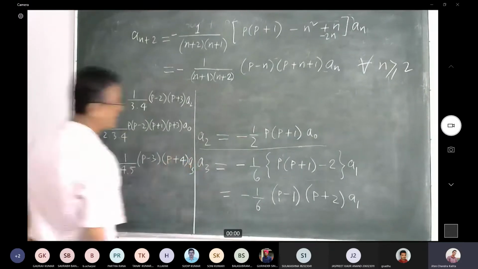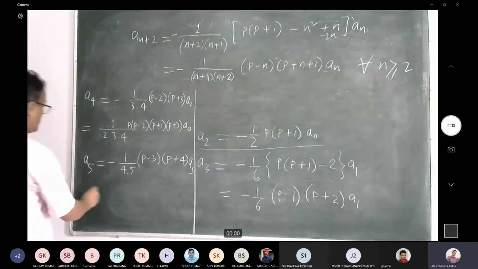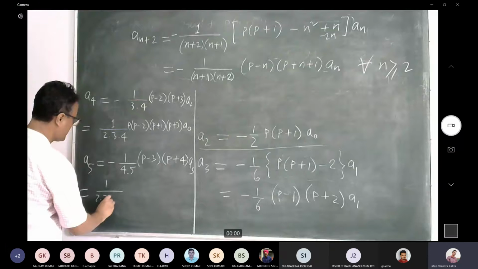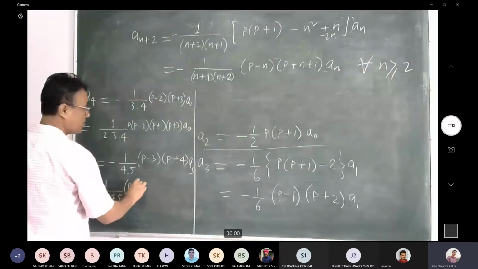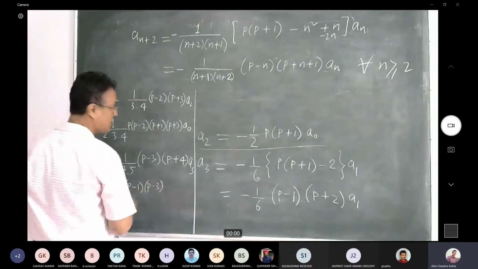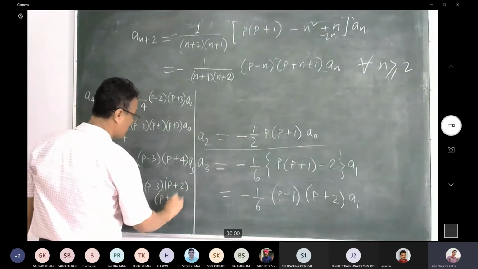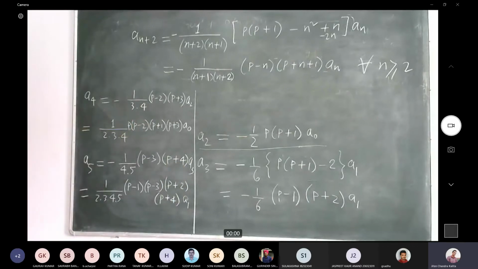This is a3, and if you plug in the value of a3 here, this is going to give you 1 by what? 6 is nothing but I can decompose into 2 into 3 into 4 into 5. Then this is p minus 1, p minus 3, then p plus 2, p plus 4, and this is a1. Okay, so basically a pattern is coming out, right?